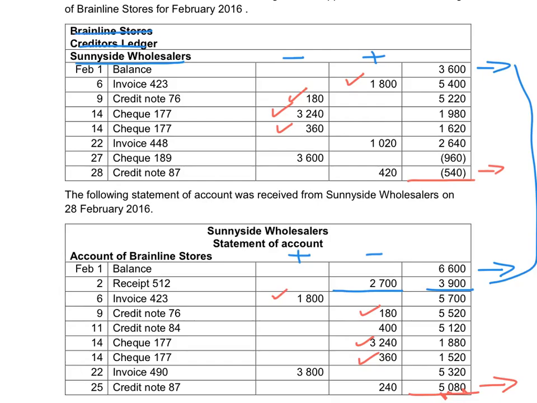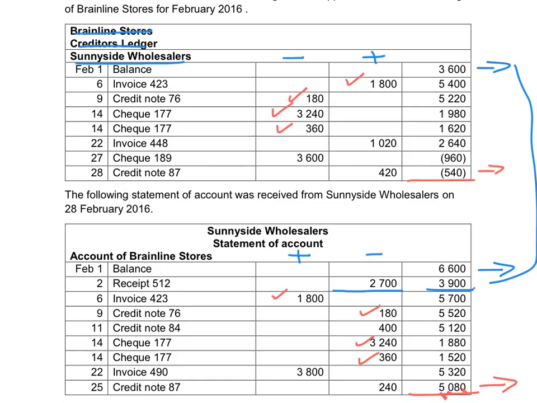Our balance at the beginning was 3,600. After they take this 2,700 into account, they've got a balance of 3,900. So they only took the payment into account and not the 300 Rand discount.